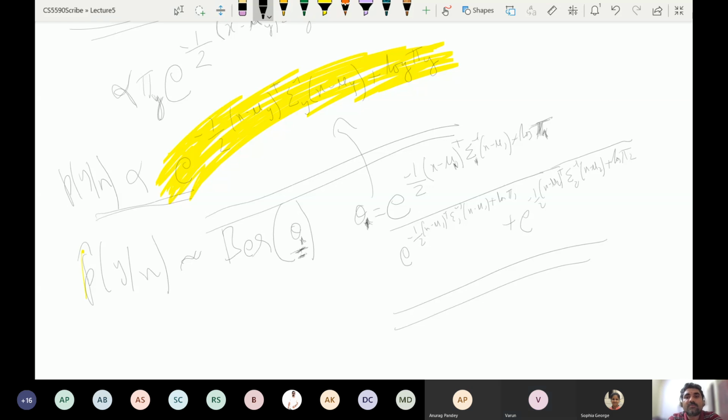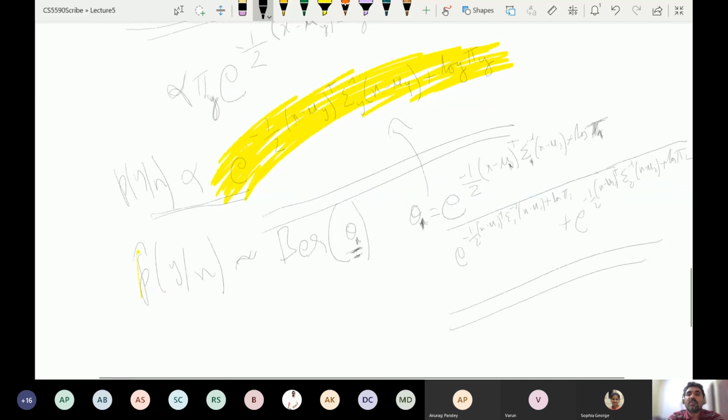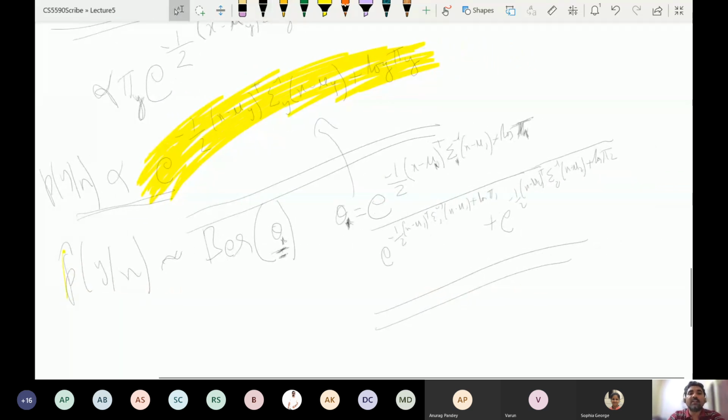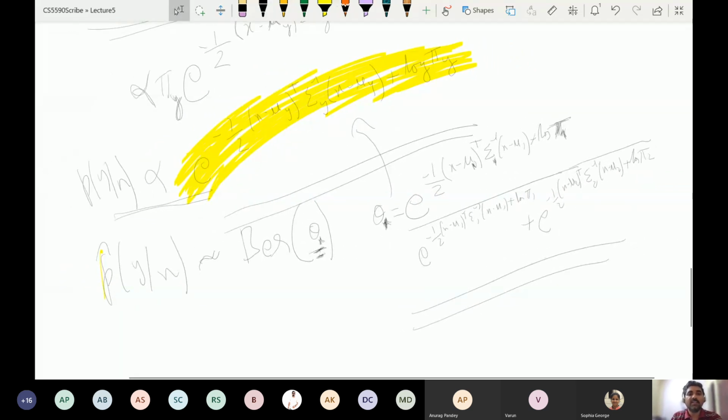Okay, good. See, here is another way of understanding this. See, the posterior is a Bernoulli, that's very clear, but the crucial question is which function of x is the parameter. The parameter is a function of x which is guaranteed to be positive here, right? First of all, because it's e to the power of some quadratic function of x.